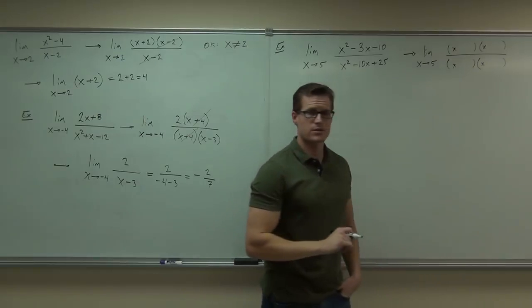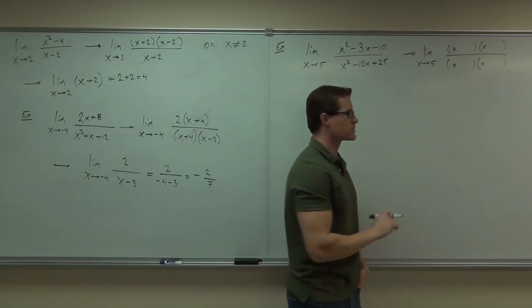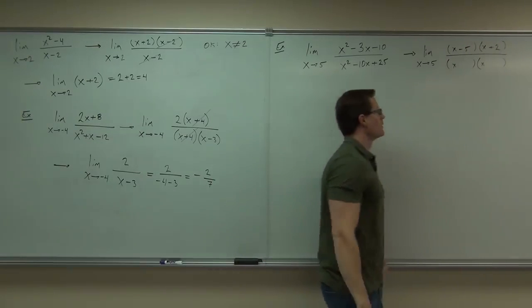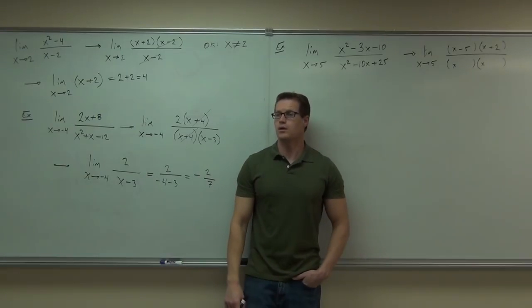What's the top one factor as? Plus 2, minus 5? How about the denominator? What do we got there? Oh, minus 5, minus 5.